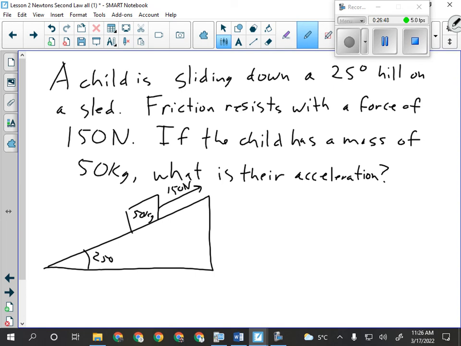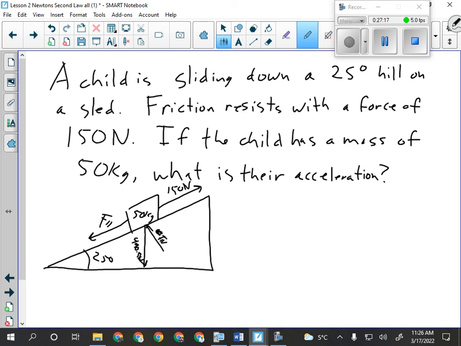So what force is pulling her down the ramp? F parallel, right? Okay. So I have to calculate F parallel then, okay? And that's always done the same way. I've got my FG here, which for this one will be 490.5 newtons, okay? And I've got my normal force, which I don't need to know the value of, okay?